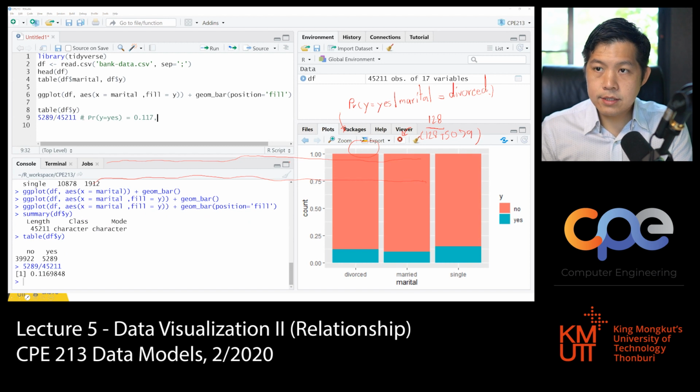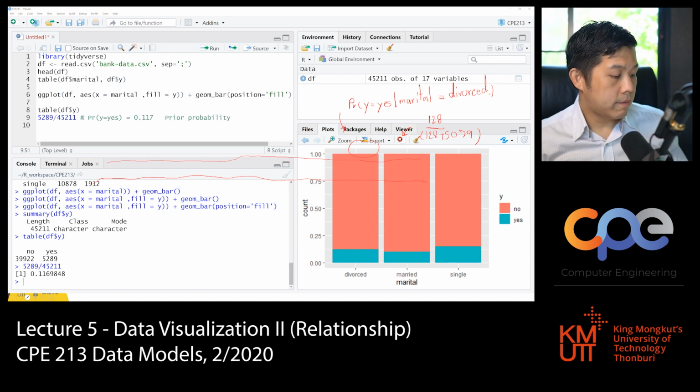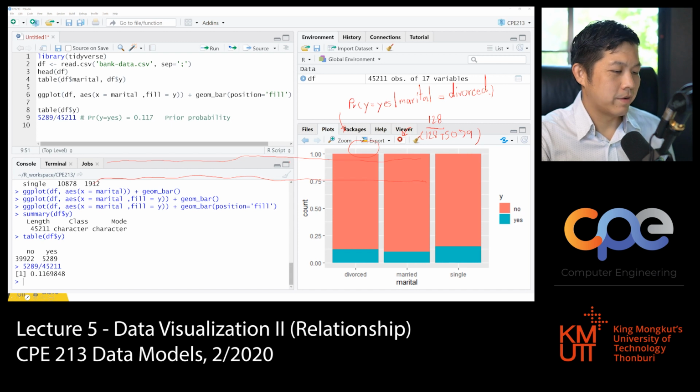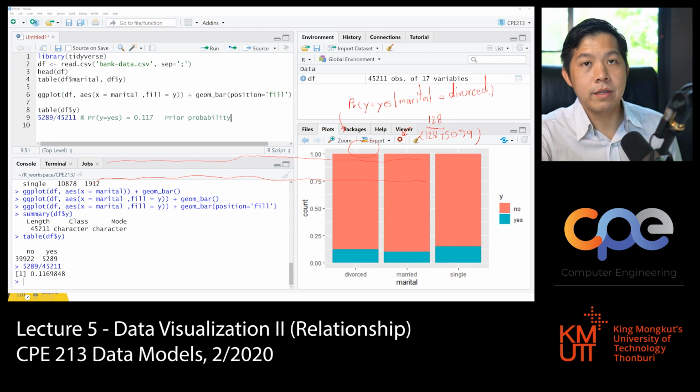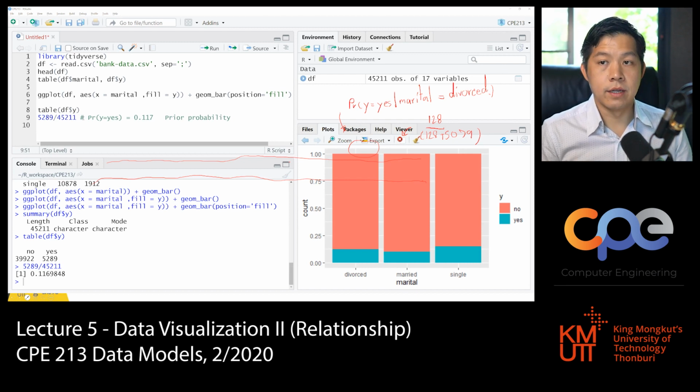This is known as prior probability, right? Undo, because we'll switch back. It's the prior probability of yes. Prior probability, you can think of it as the probability of things happening when you're considering it as a whole. The overall chance of this event happening.